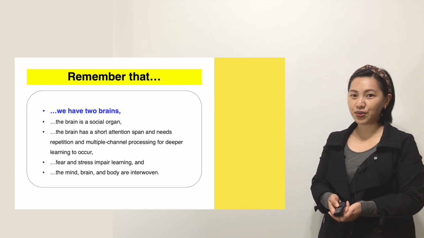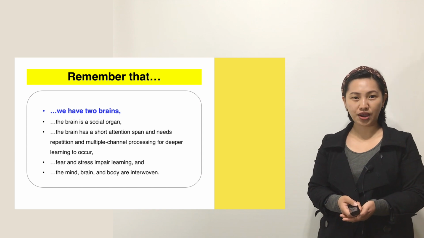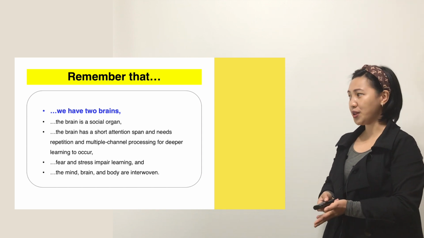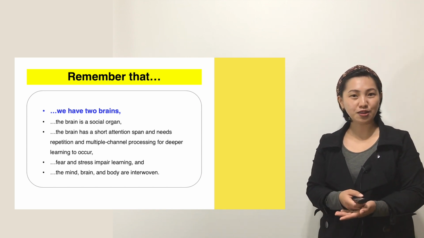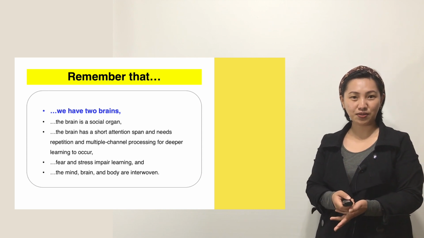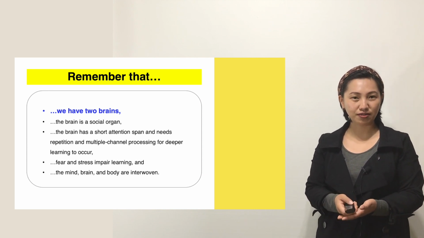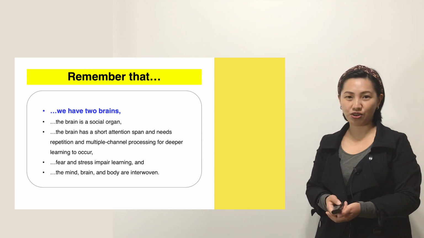So first, we have two brains, right? We've learned about the left and the right hemisphere of our brain in the first part of this lecture.